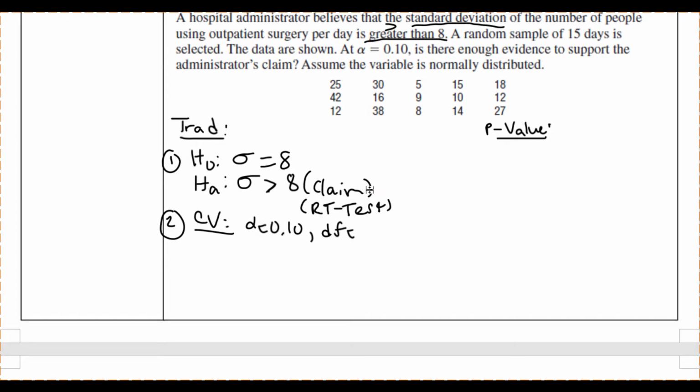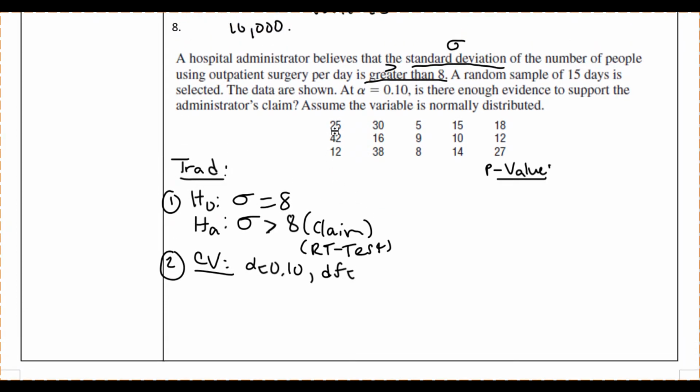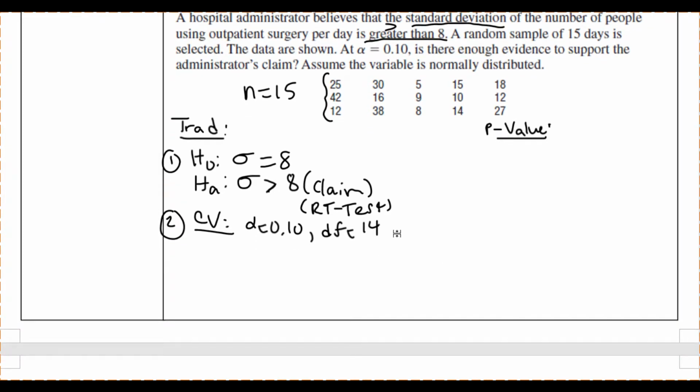Based on the data that we have here, we have about 15 subjects. So we have our n is equal to 15, which means our degrees of freedom is 14. So we look up the degrees of freedom of 14 with an alpha of 0.10.